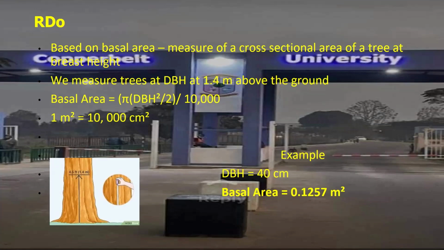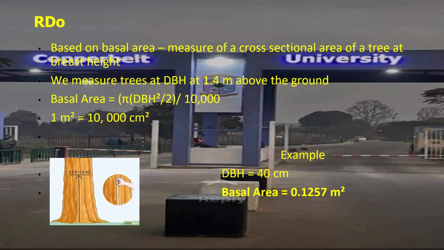That's 1.4 meters. So you take all measurements at that distance where your breasts start. That's why it's called breast height. It's at your breast relative to the height of a tree. That's where you do all the measurements.